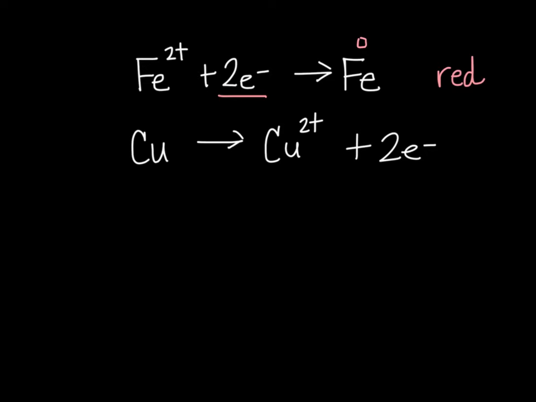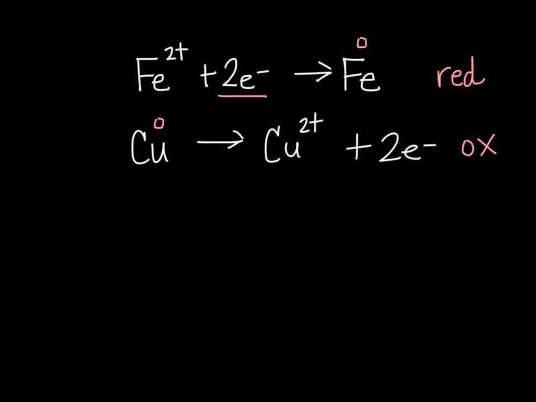Then if we take a look at the second equation, the copper equation, this copper over here is going to be copper with a 0 because it has no charge written on it and it's not combined with anything. So this one is going from a 0 to a +2. That is a difference of 2 electrons. And notice that the number is increasing. The oxidation state is increasing, so that is oxidation. So I put ox for oxidation.